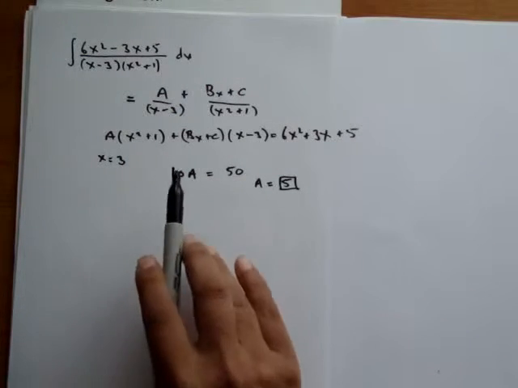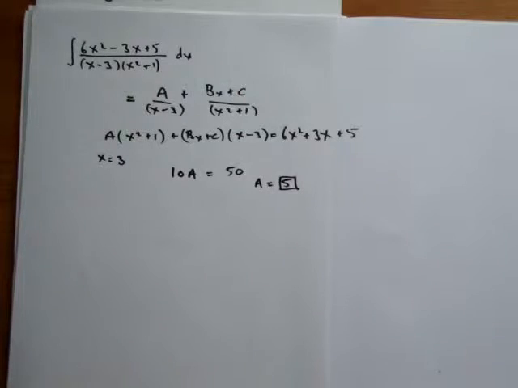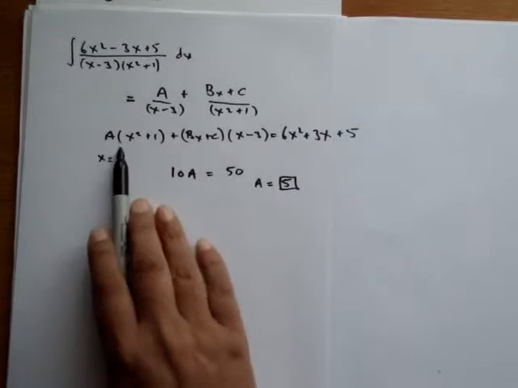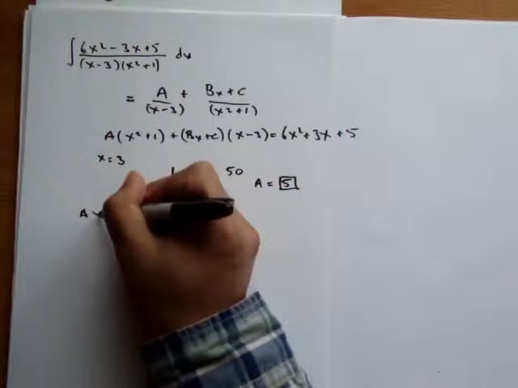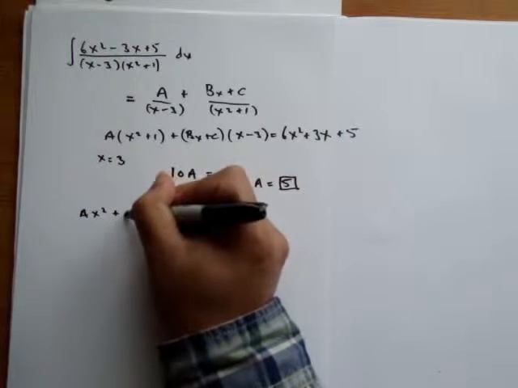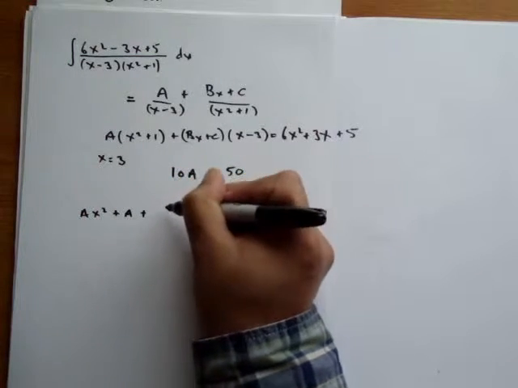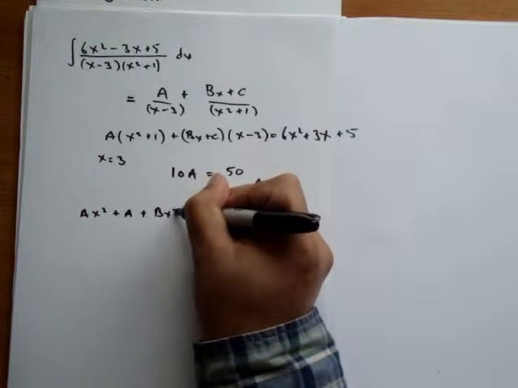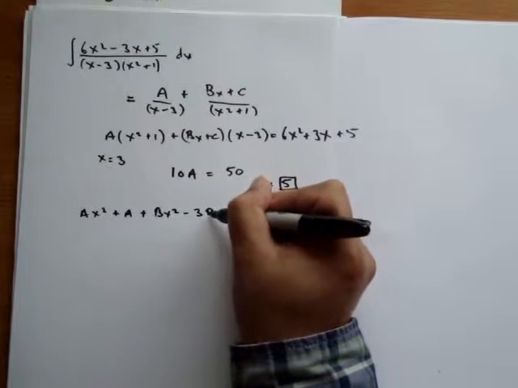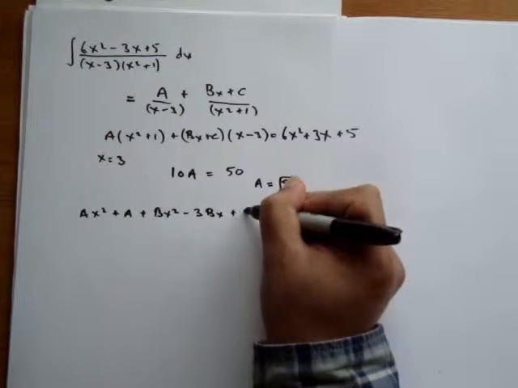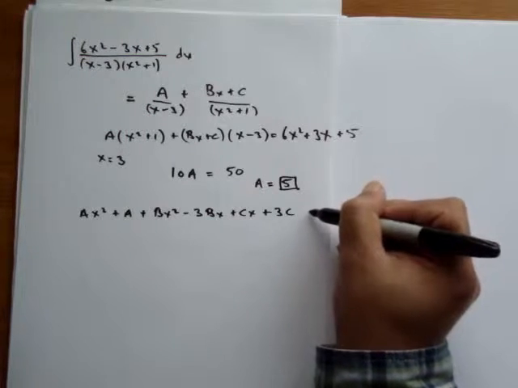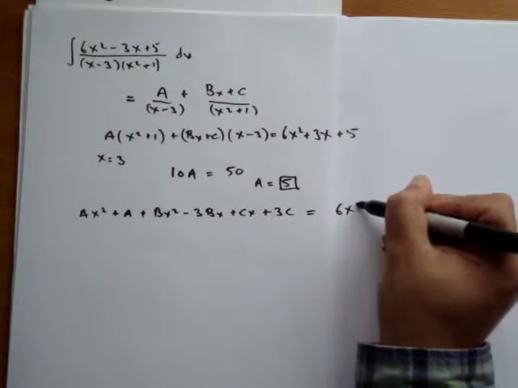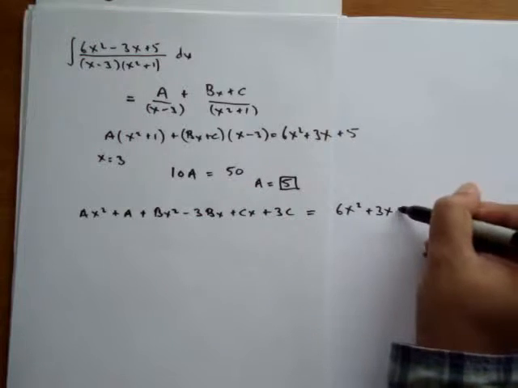Now we can't do much because we've got another two unknowns, so let's use comparing coefficients. To do that we multiply all this out and we get Ax squared plus A plus Bx squared minus 3Bx plus Cx plus 3C equals 6x squared minus 3x plus 5.